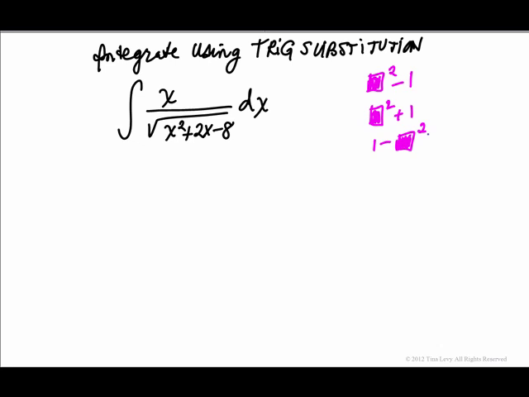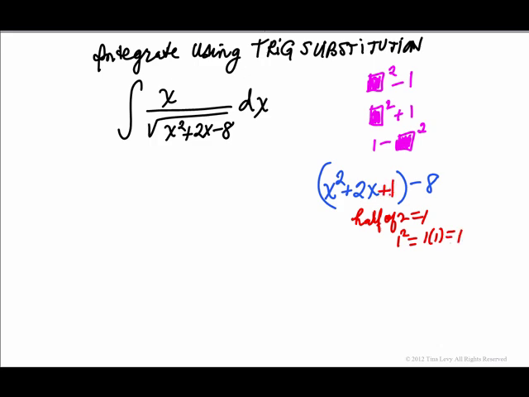So first step, I'm going to complete the square. We have x squared plus 2x minus 8. So we're going to complete the square with that. So I take half of 2, which is 1, and I square 1, 1 times 1, which is 1, and I add 1 to complete the square.